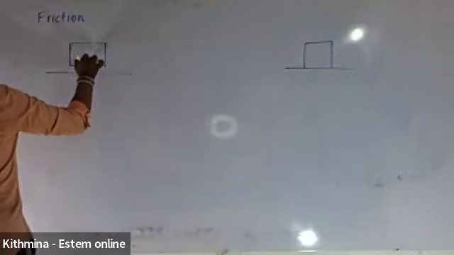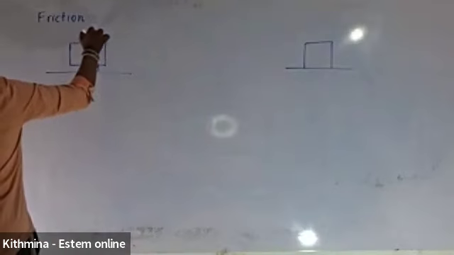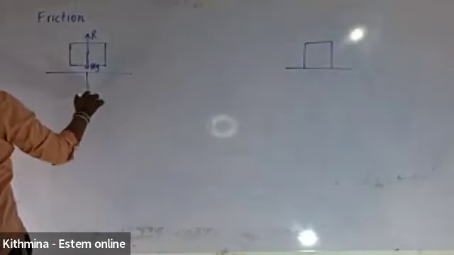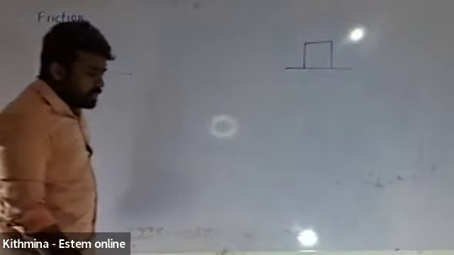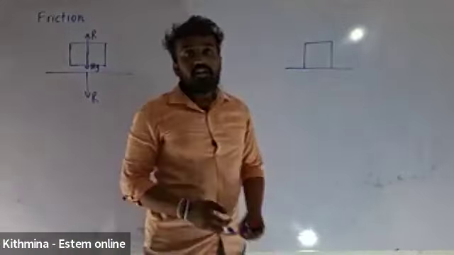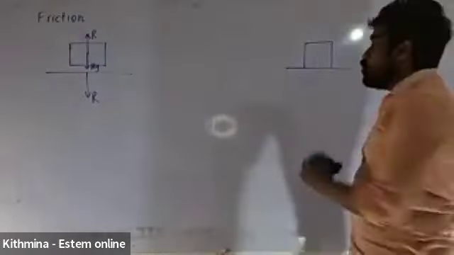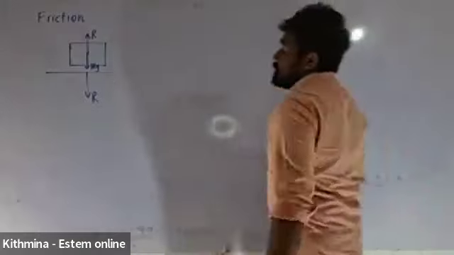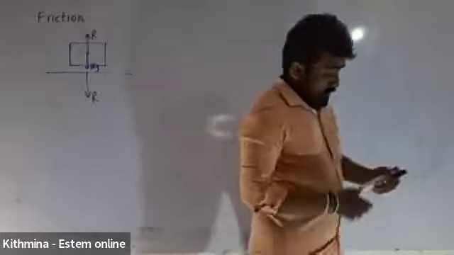Suppose the mass of this is capital M, then the weight is capital Mg. There is a perpendicular reaction here, and a perpendicular reaction here also. This is the normal free body diagram of an object which is kept on a surface at rest.